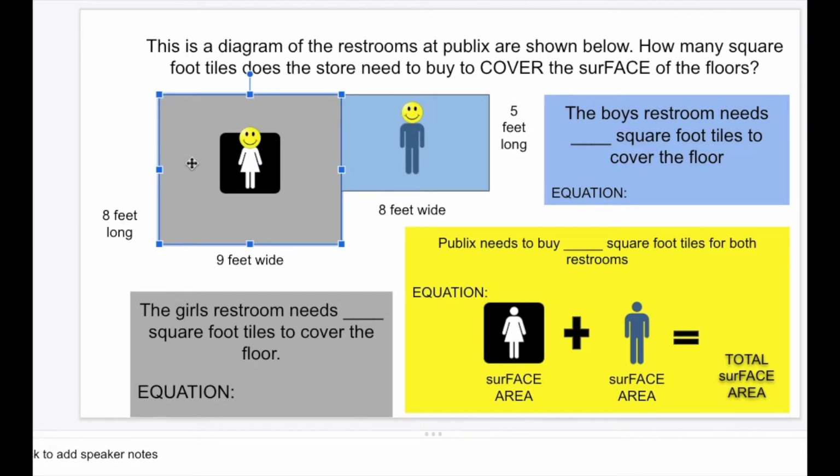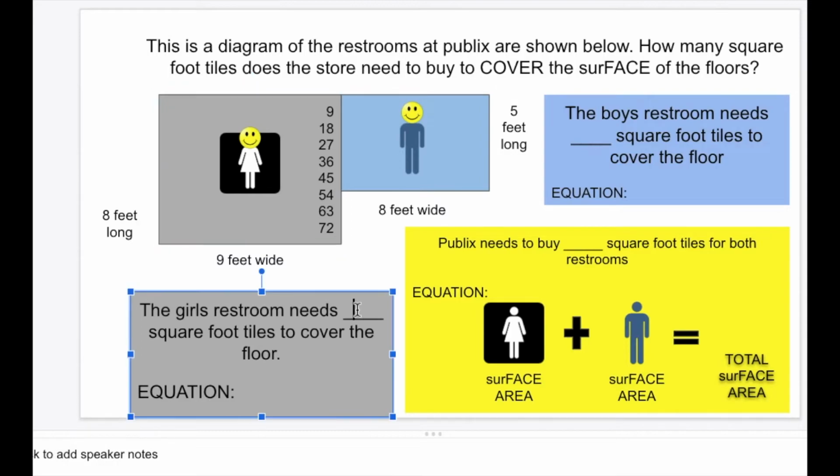So we came over here and we typed in our skip counting by 9. So 9 would be in the first row, 18 in the second row, 27, 36, 45, 54, 63, 72. So that's 8 skip counts of 9 would be 72 square foot tiles.